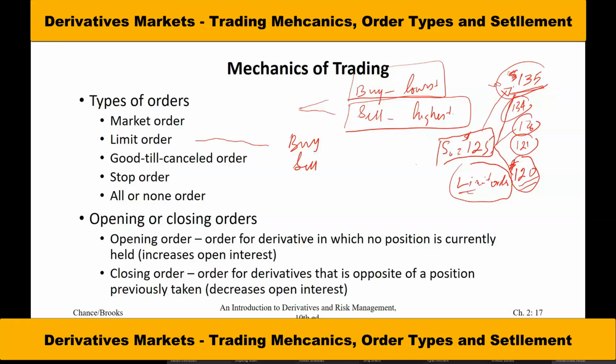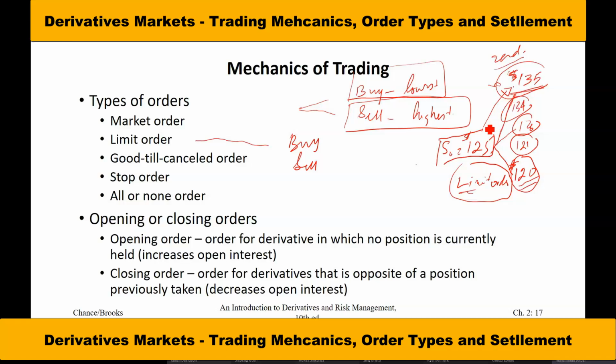The good till cancelled order is an order where the order will be there unless it is executed. So for example, I placed this limit sale order here today, and today is 2nd of Feb. If I don't specify that it's a day order, it will be open until it is executed.